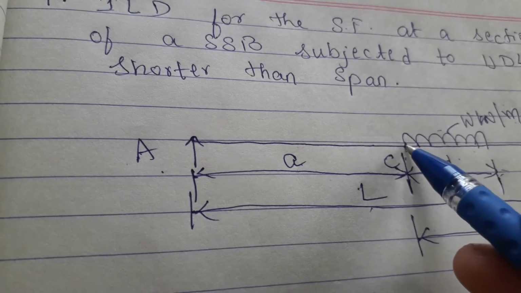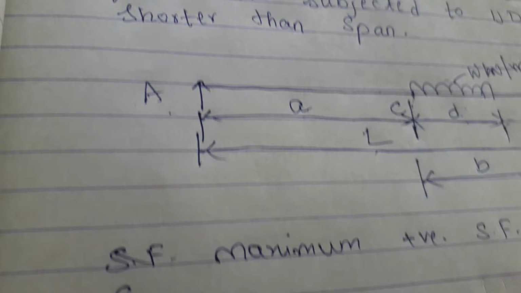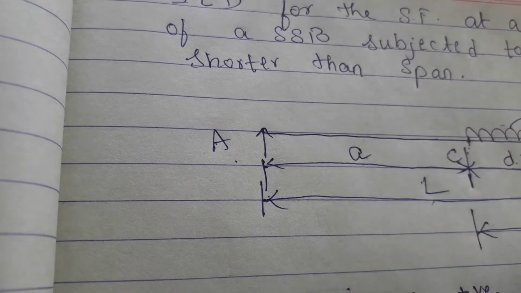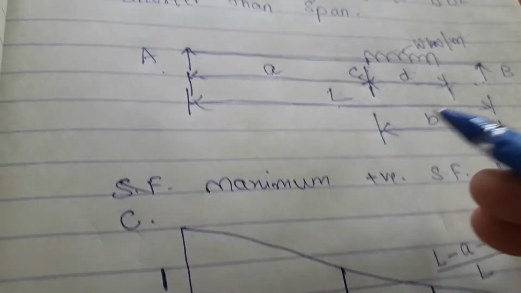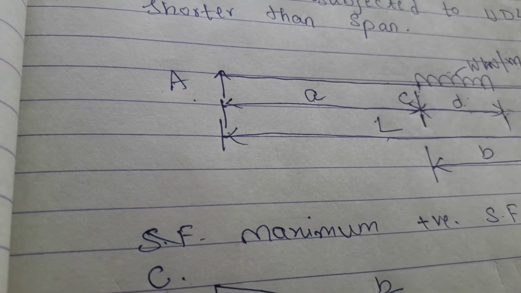So at this point we have to calculate the ordinate here. This should be L minus A, and we know that L minus A is nothing but B. So here the ordinate will be B by L.